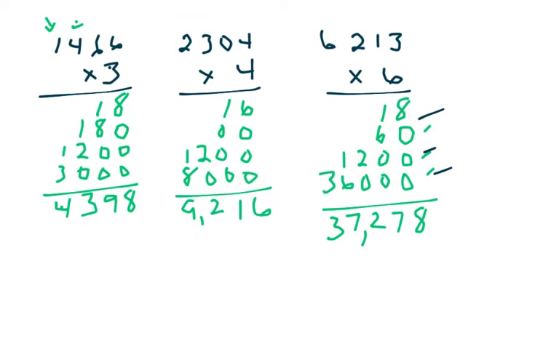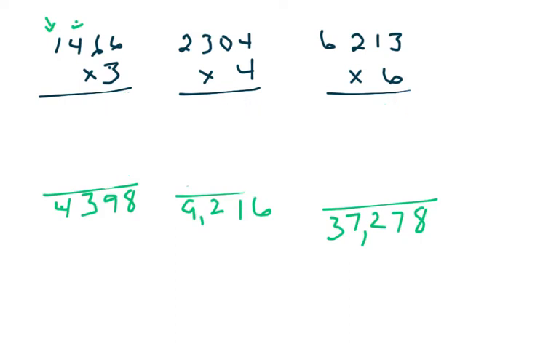Okay, I'm going to show you the shortcut method again, how to do these. Let me erase. All right, let's do the shortcut method. 3 times 6 is 18 with a 10 to regroup into the tens place. 3 times 6 is 18 plus 1 more 10 is 19. 100 to carry.